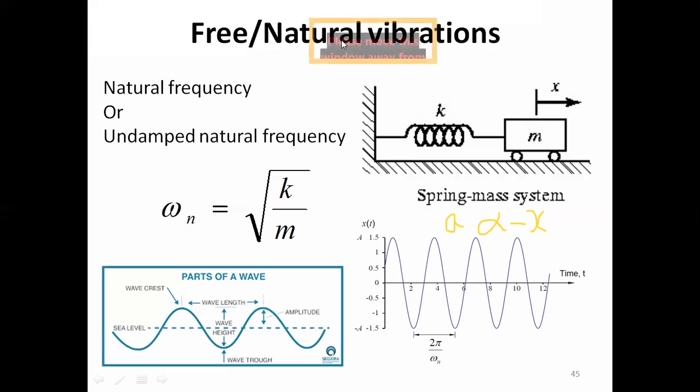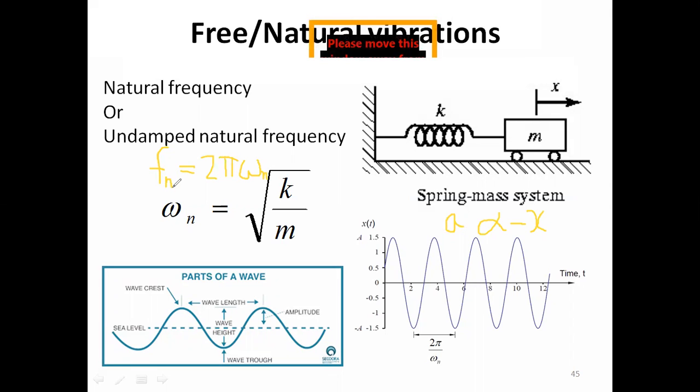You may have heard of f n. The subscript n stands for natural vibration or natural frequency. Omega n is the natural frequency of the system.